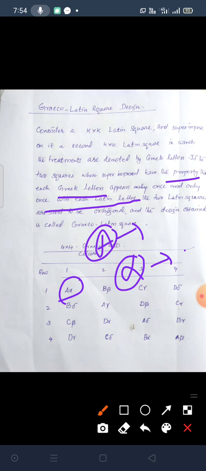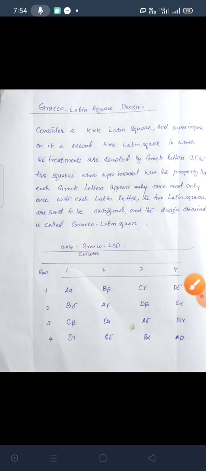A alpha occurs only once. That is the idea. A is here in this column, alpha is in this column. A is in this row only once. So that is the idea, A alpha.